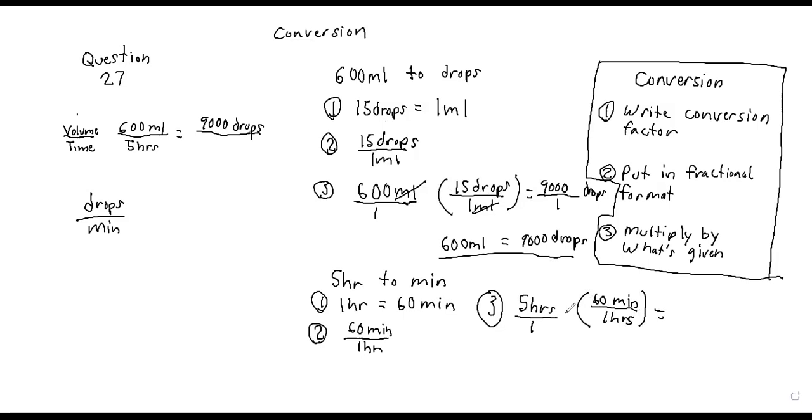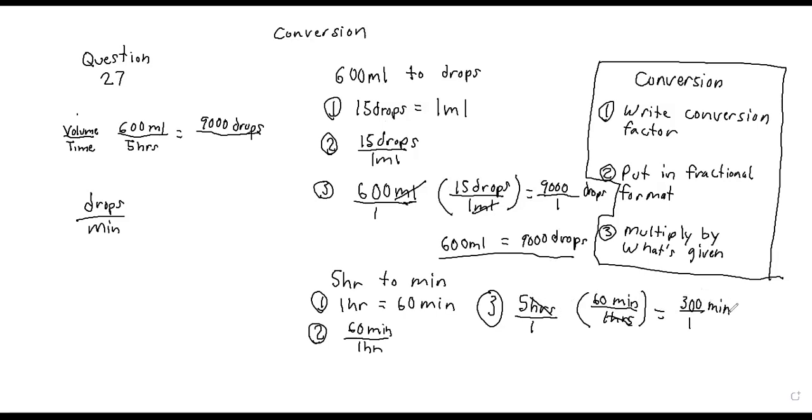We multiply across the top and across the bottom. We see that we have hours on top that cancel out with the hours on the bottom. Now we can multiply across. On the bottom, we have 1 times 1 is 1. On top, we have 5 times 60, which gives us 300. And the units here are minutes.